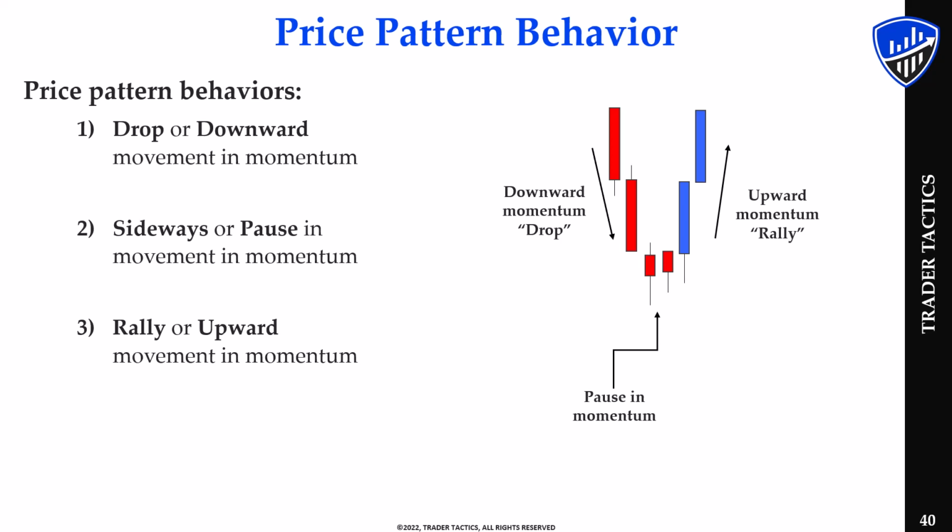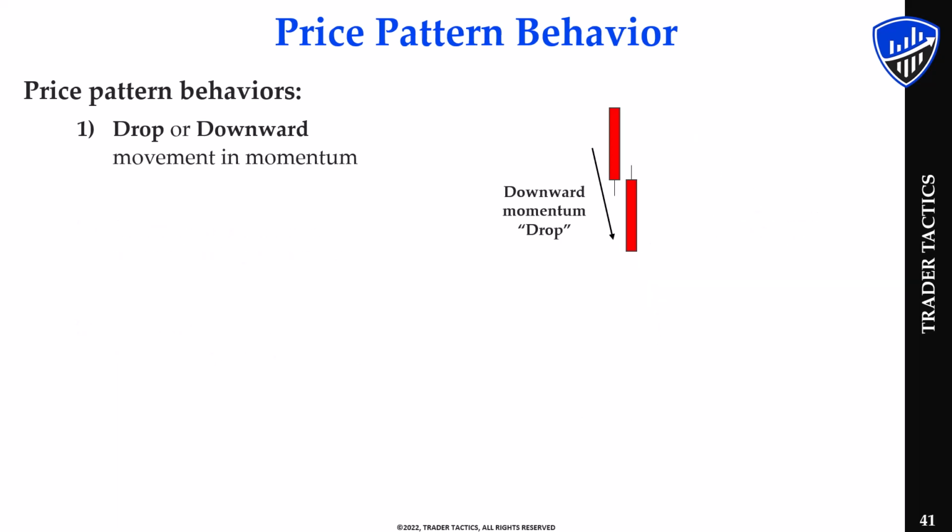That's really communicating the changing of the guard, that pause in momentum, at least the pause in the downward momentum anyway. And then you get the rally after that. So this is a very, very common pattern, by the way, where you have a drop, a pause, or in this case a reversal in momentum, and then that upward price movement. You will see this on the charts all over the place. It's extremely common.